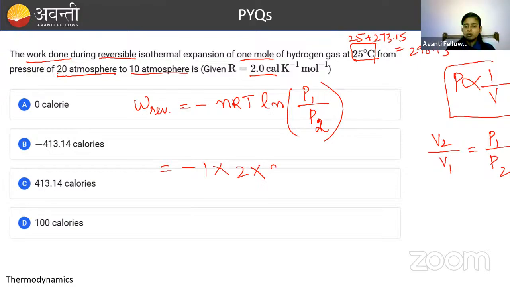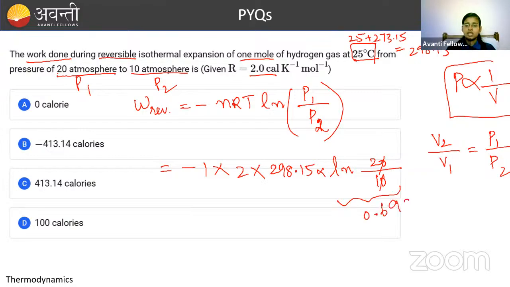298.15 into ln P1. So what is the value? Pressure 1 value, it is 20. And the final pressure is 10. So it is 20 divided by 10. So if I cancel this, I am having ln 2. ln 2 is equal to 0.693 and multiply with the remaining numbers.